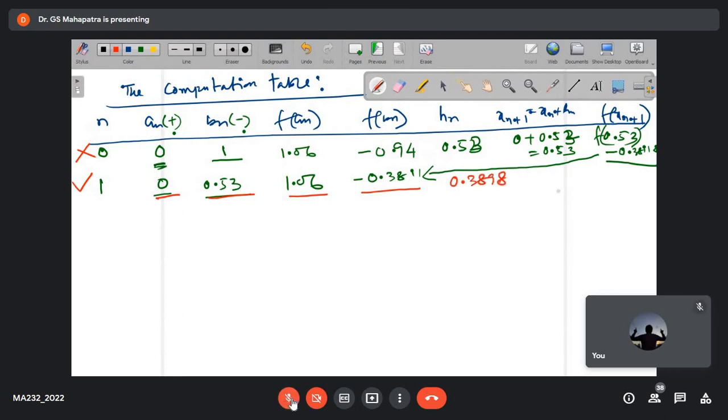If you add that to the earlier one, 0.53, correct?